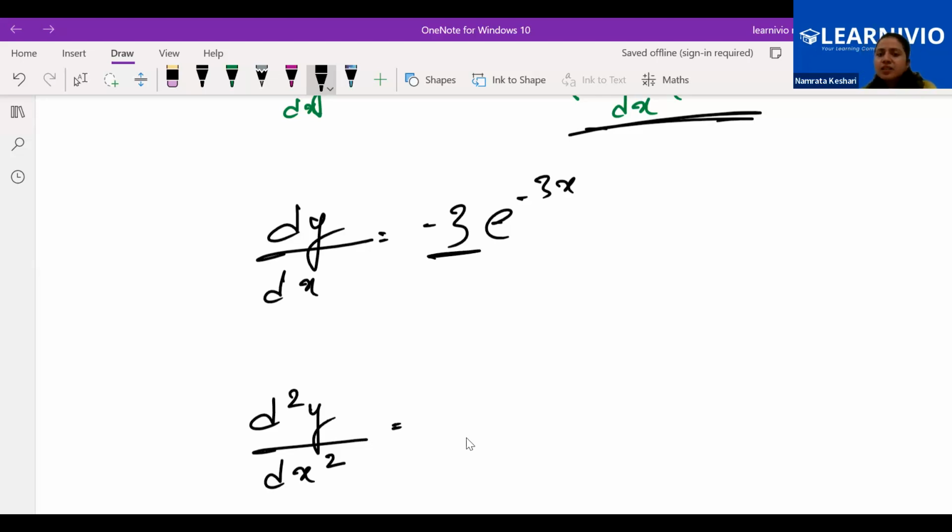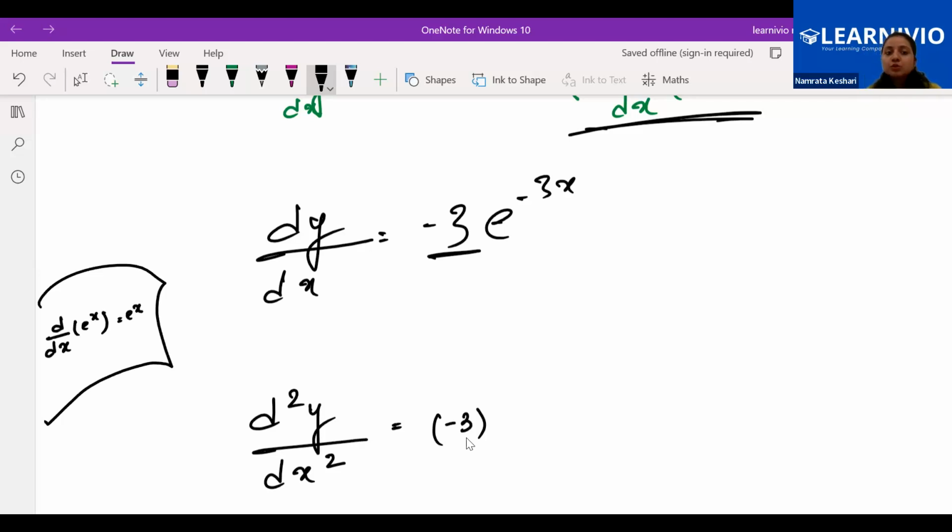Here, -3 is a constant term. We will write it like that. And again, we will do the derivative of e to the power -3x. The formula says whenever you have d/dx of e to the power x, the result is just e to the power x. So if we use the formula, the derivative will be as it is.